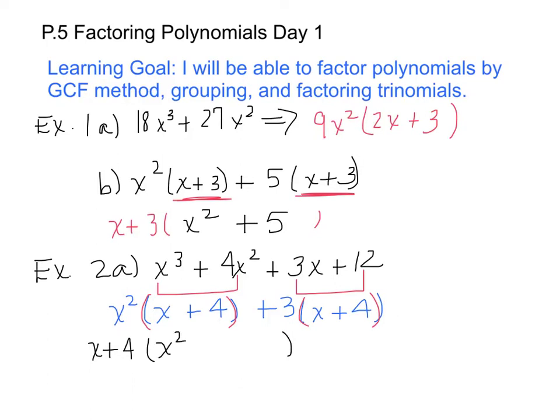So x squared plus 3. And I should have done this on example 1B, you can go back and write this too, but write them as factors. So it's x plus 4 times x squared plus 3. And then example 1B, it's x plus 3 times x squared plus 5.